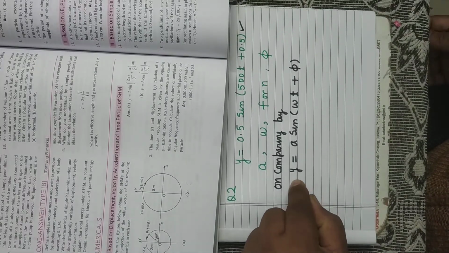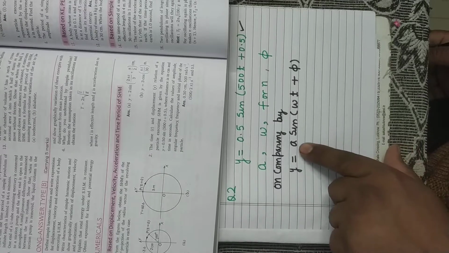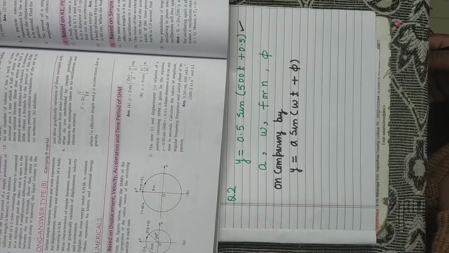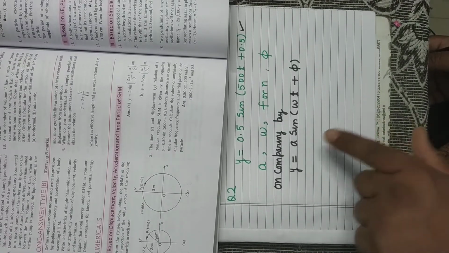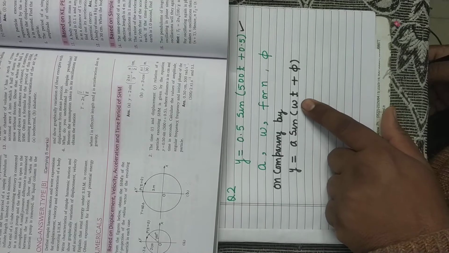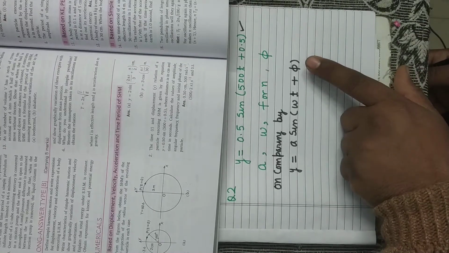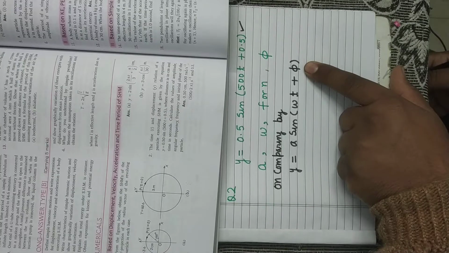It is the displacement of particle executing SHM at the time t. A is what? It is the maximum displacement, that is amplitude, maximum displacement on either side of mean position. What is omega? It is angular velocity, angular frequency. What will be its unit? Radian per second. And phi is the initial phase, which is expressed in radian.